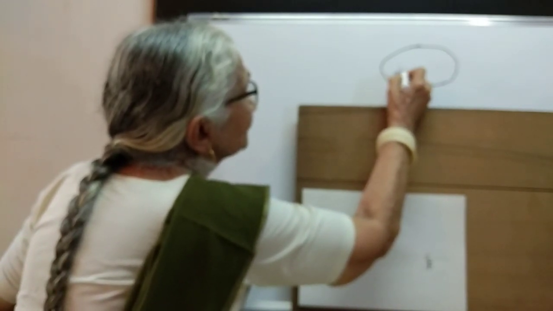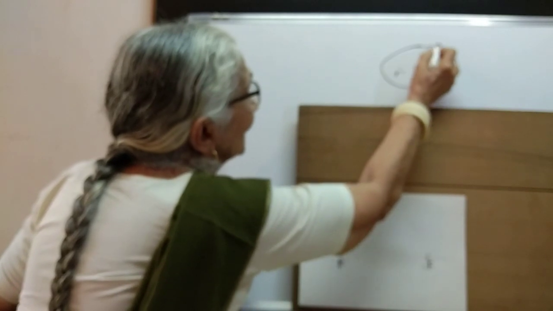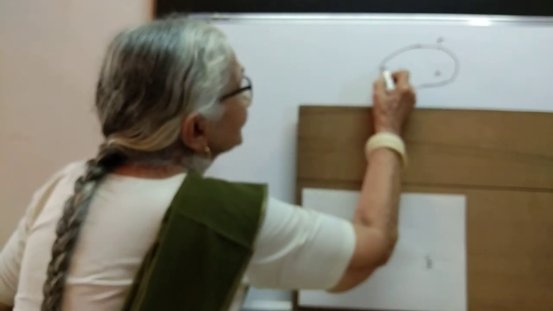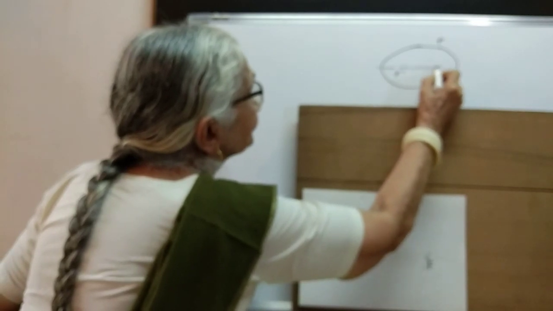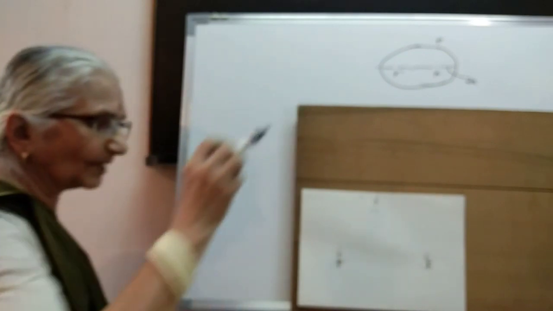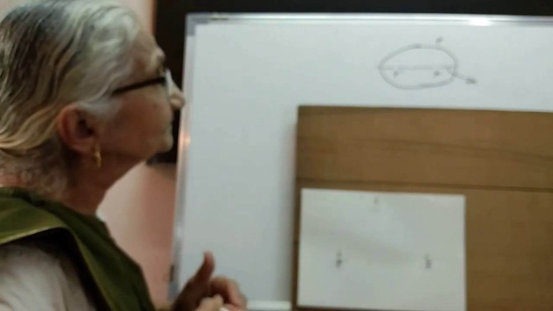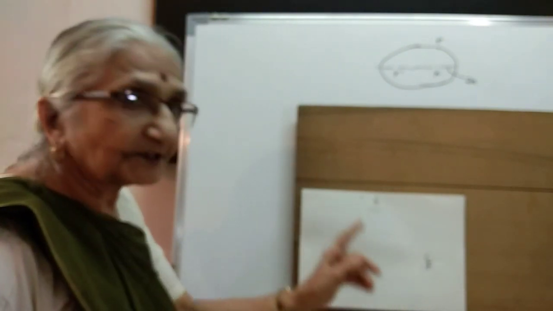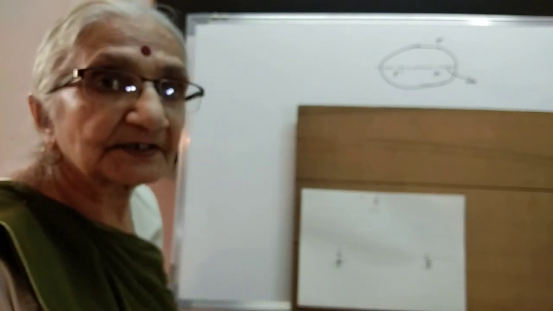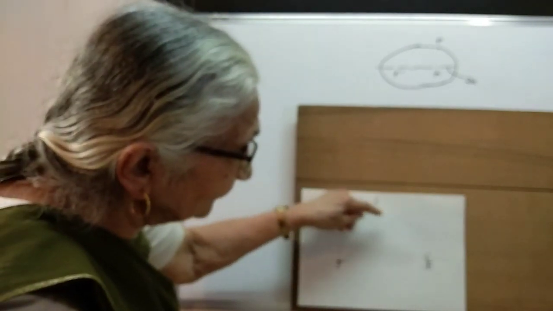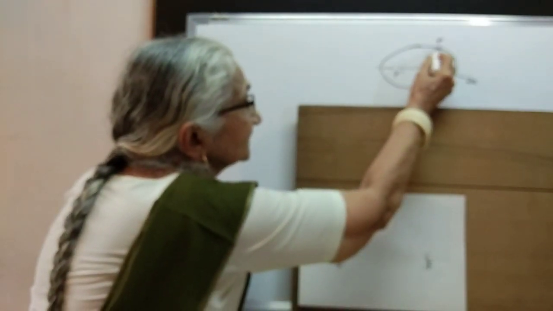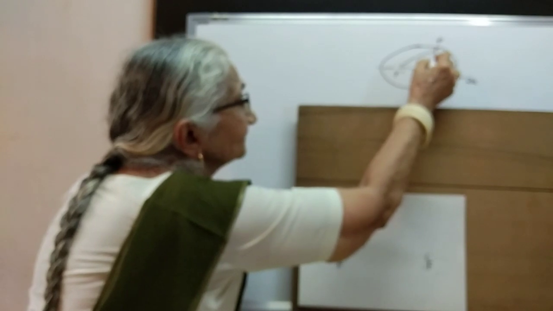This is F dash, this is F, and this is any point P, and the major axis is this, and that is always called 2a. Now, the property of the ellipse is that the sum of its distances, take any point on the curve, say here, then take its distances from the two foci.